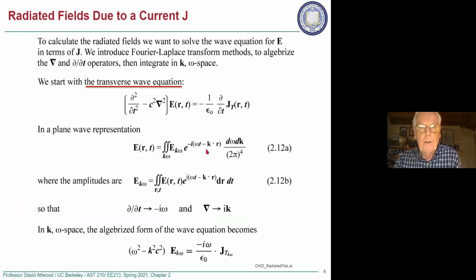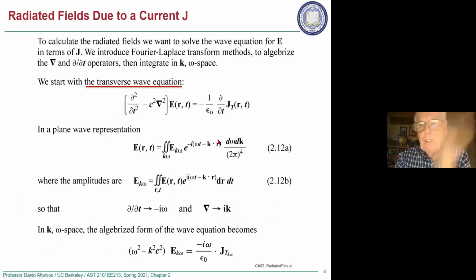Okay, so I told you this, and this is where I just couldn't tell if anyone understood this or not, but I was using these Fourier transform methods, I should say Fourier Laplace methods.